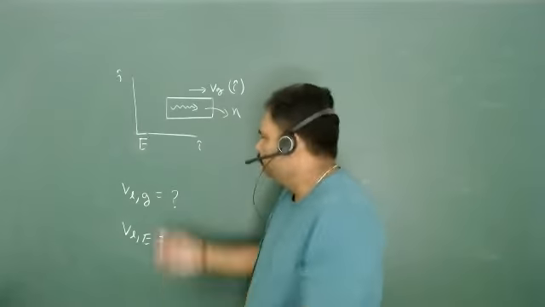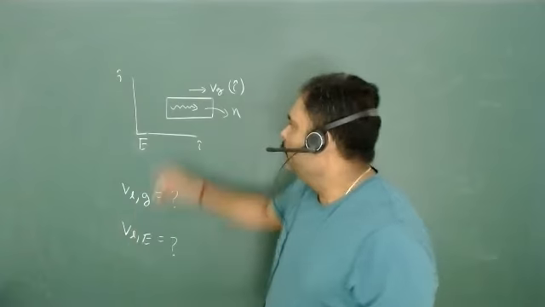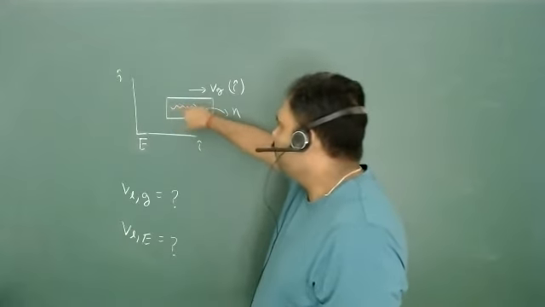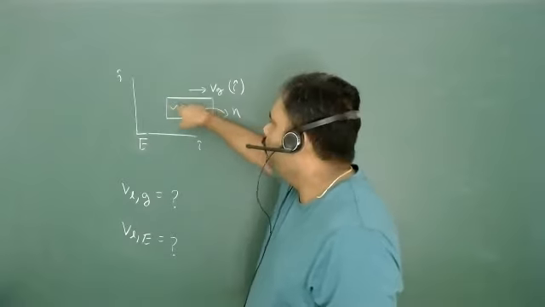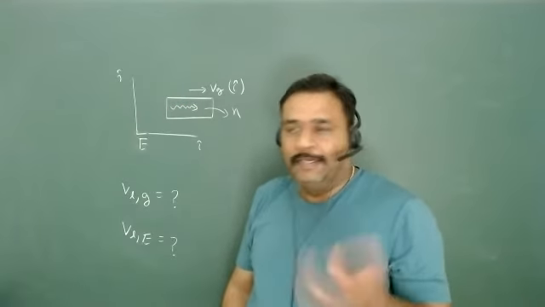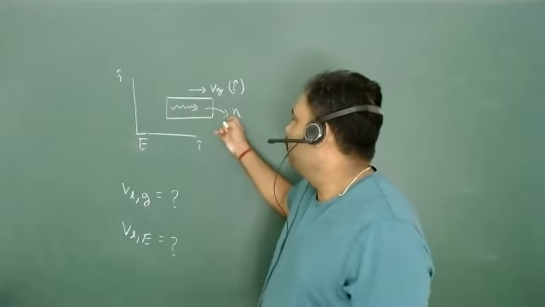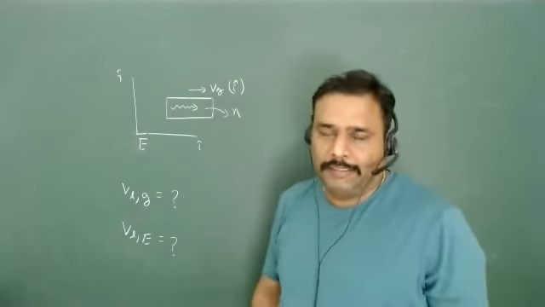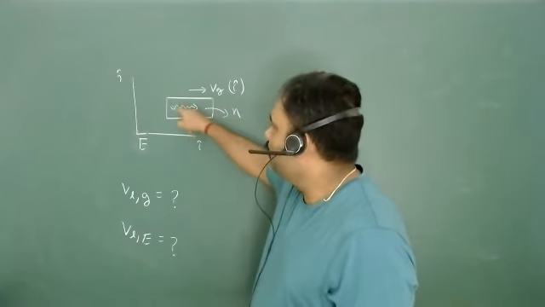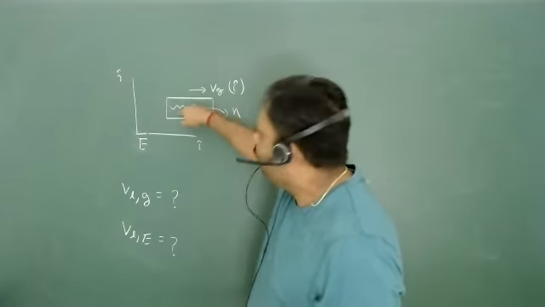In the first problem, this is very simple, nothing to do with the STR. If we attach ourselves to the glass plate, then the glass plate will be at rest. And this light pulse will appear to move with what velocity? Not with the velocity c. Rather, it has some velocity which is less than c, and the refractive index will be accounted for. So what will be the speed of light in the glass plate?